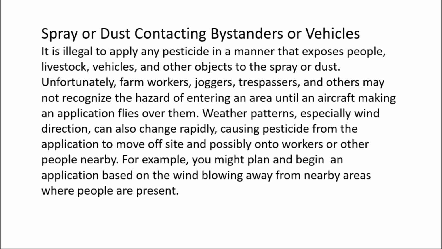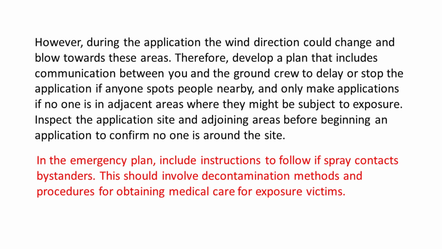For example, you might plan and begin an application based on the wind blowing away from nearby areas where people are present. However, during the application, the wind direction could change and blow towards these areas. Therefore, develop a plan that includes communication between you and the ground crew to delay or stop the application if anyone spots people nearby, and only make applications if no one is in adjacent areas where they might be subject to exposure.